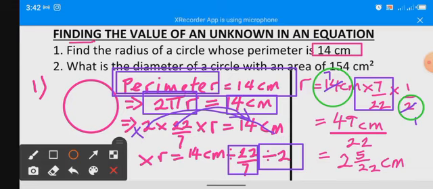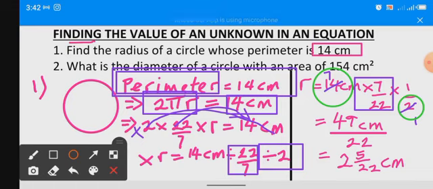So when you are through with division, you multiply. 7 times 7 times 1 gives you 49 centimeters. Then 22 times 1 gives you 22. So that's why we have 49 centimeters over 22. Now don't leave your answer as an improper fraction. 49 over 22 centimeters is an improper fraction, so you change it to a mixed number.